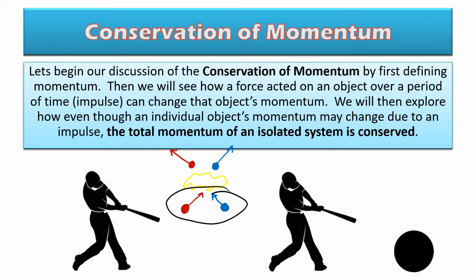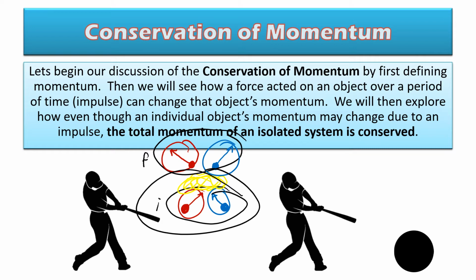But the total momentum, the momentum of the red object plus the momentum of the blue object initially, is going to be equal to the total final momentum, meaning the momentum of the red object and the momentum of the blue object after the collision. The total momentum remains the same. This momentum is equal to that momentum. Momentum is conserved. That's the big, big idea, right?